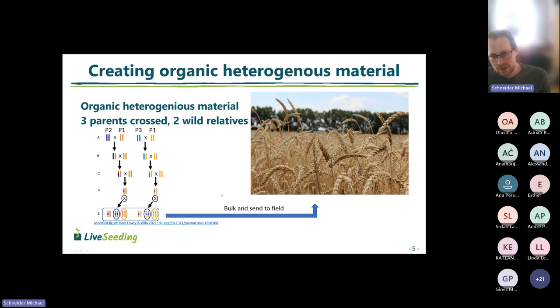So the question then arises, what do we want to know? We want to know the share of these traits that we find in here, and also how they differentiate over time.